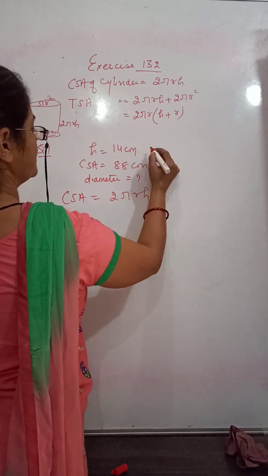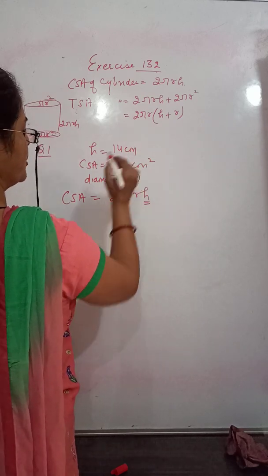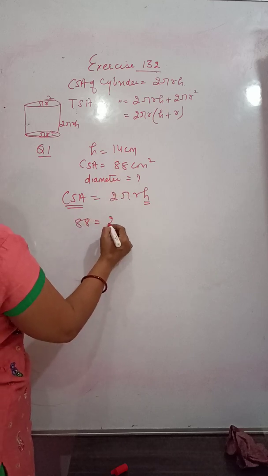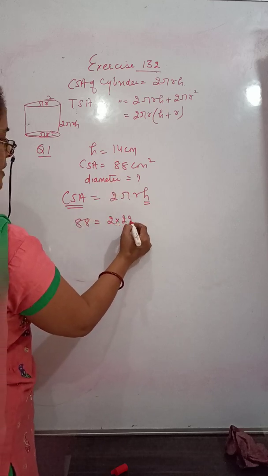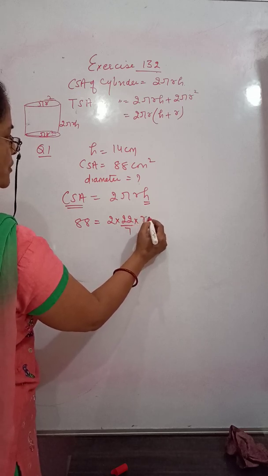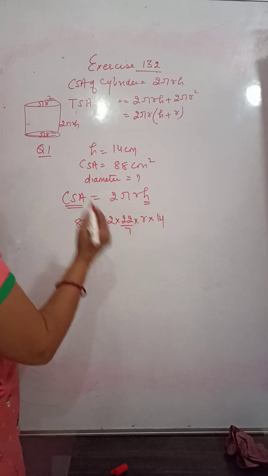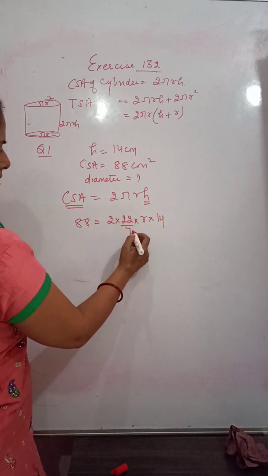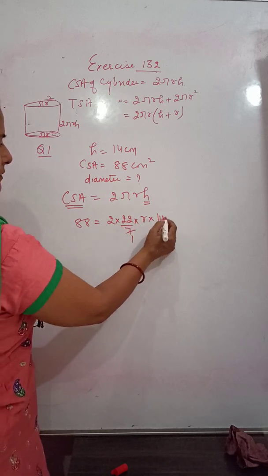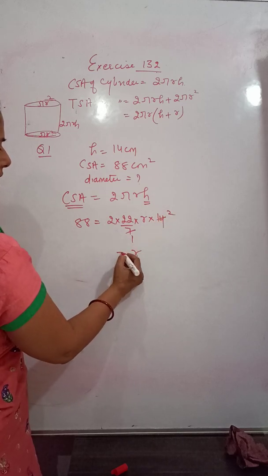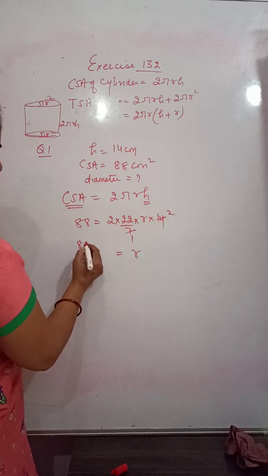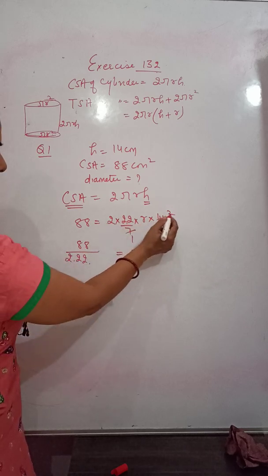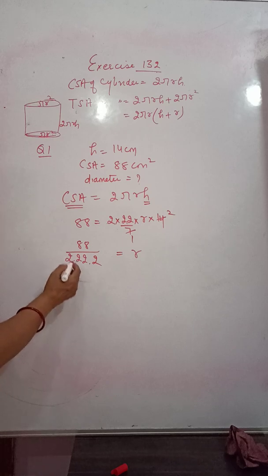Here h is given as 14, curved surface area is given as 88, which is equal to 2 into pi, which is 22 by 7, into r, which you have to find, and height is 14. For finding r, the 7 cancels with the 7 in the denominator. This 88, 2 will come down, 22 will come down, and this 2 will also come down.